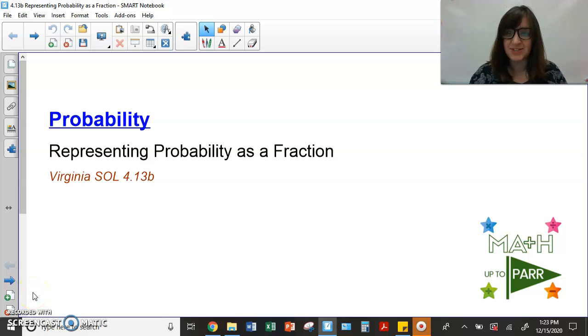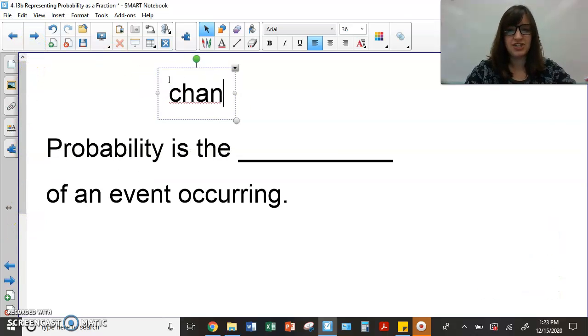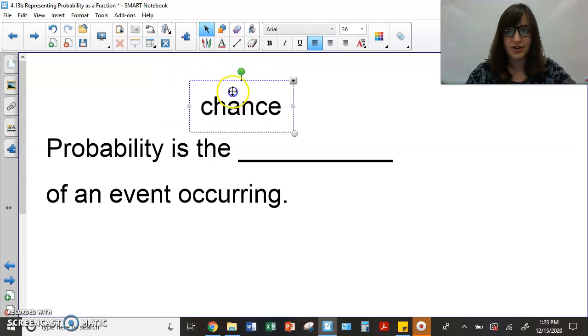On this episode of Math Up to Par, we are going to be talking about how to represent probability as a fraction. If you have not yet watched my video on representing probability with words, please go back and watch that before watching this video because it will help make a lot more sense. Okay? So probability is the chance of an event occurring.